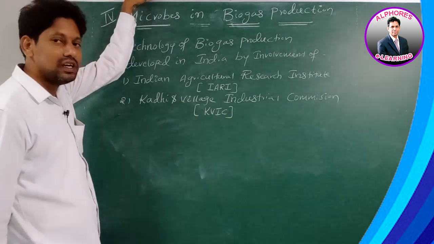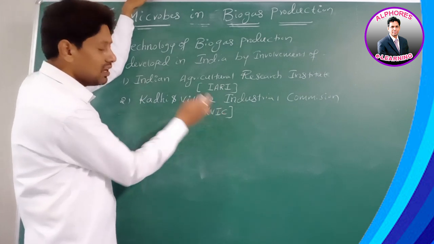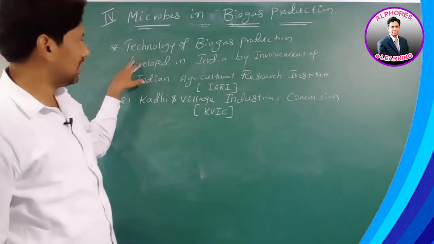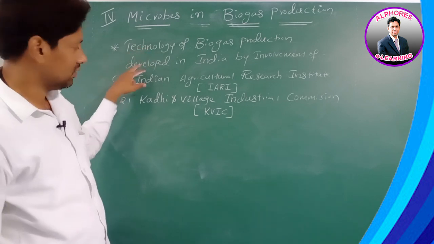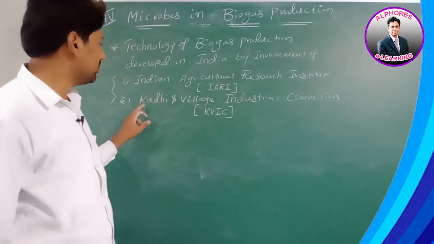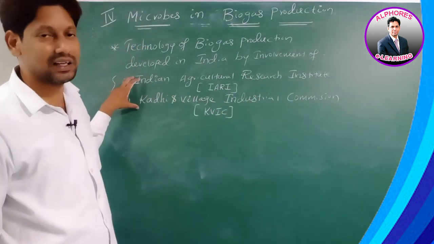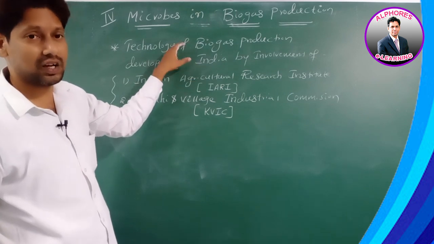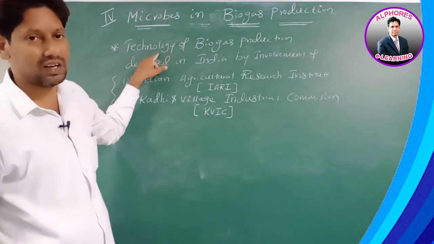Therefore, KVIC stands for Khadi and Village Industrial Commission. Therefore, which two organizations are involved in the development of biogas production technology in India? First, the Indian Agricultural Research Institute. Second, the Khadi and Village Industrial Commission.